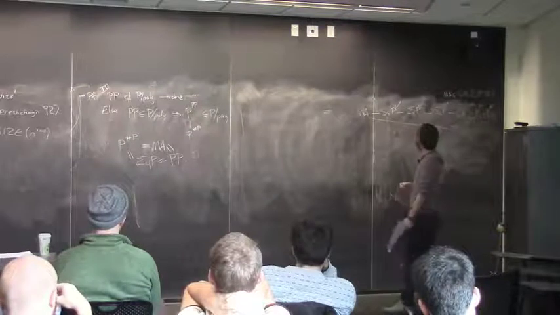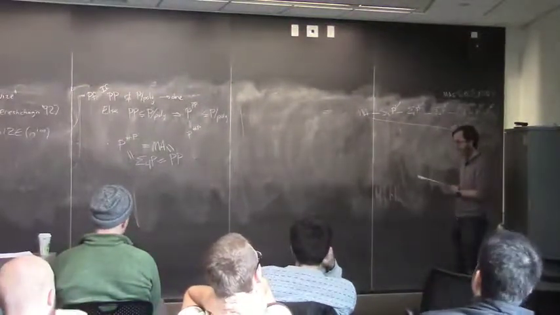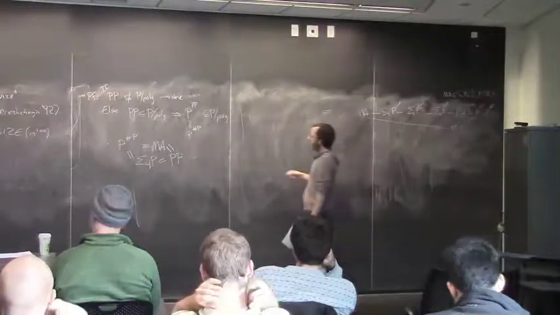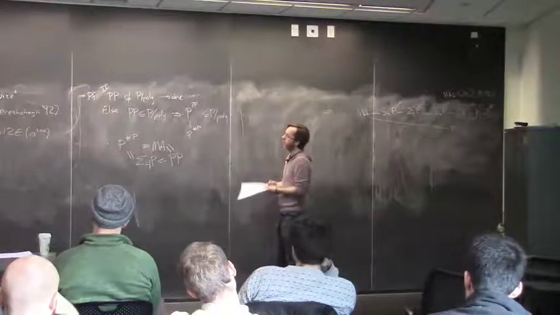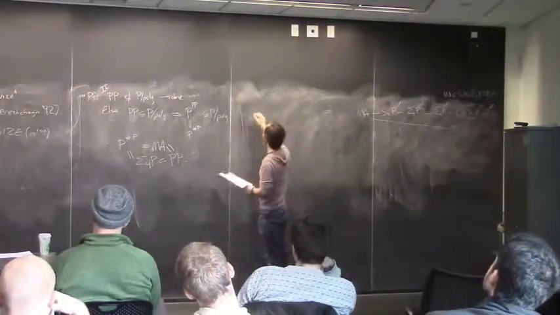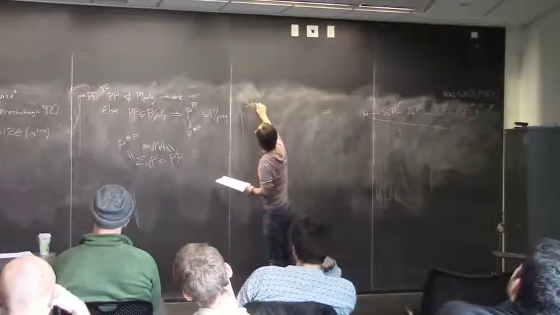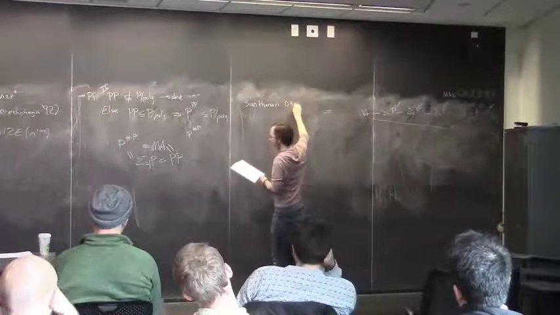OK, so now I'll just state in the last 2 minutes some facts for culture. Using some of the ideas in this lecture, plus some ideas we'll talk about next time when we get into the nitty-gritty of IP equals PSPACE, and using some additional ideas on top of those, Rahul Santhanam in 2009 showed the following.